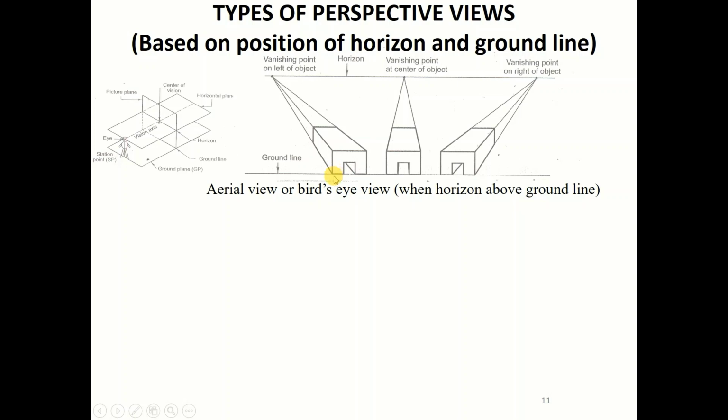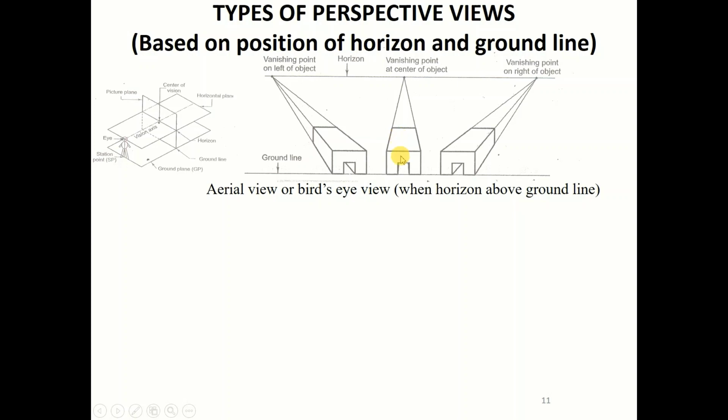In this case you can see this front face of the object is common in all three views, but in this view you can see the left face of the object, and you can also see the top face, the reason being the eye level of the observer is at a higher level. In the middle case, no side face of the object is available, though you can see the front face and the top face.